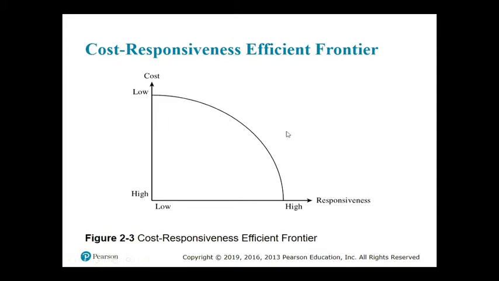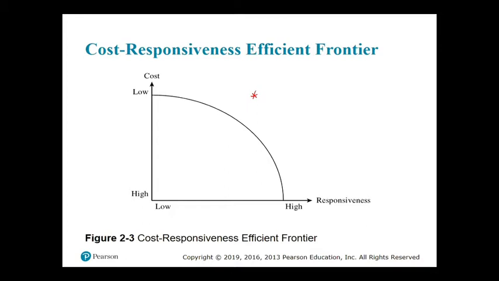So that means for a company, since this is the cost responsiveness efficient frontier, this line represents the best possible scenario. Right, so you will not find a company, say, with cost efficiency and responsiveness somewhere here.